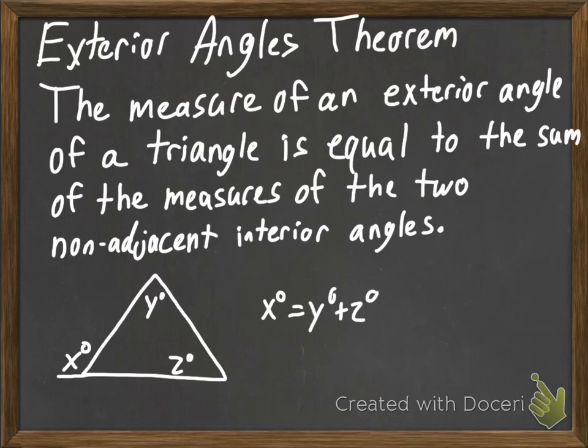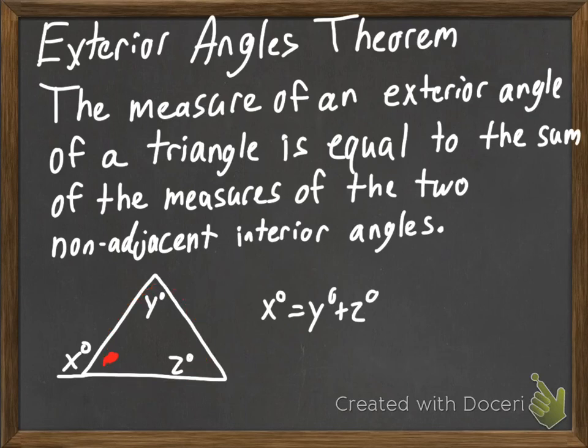Now if we stop and think about that, it makes a little bit of sense, because we know that this angle here, it'll draw, there we go, we know that these two equal 180. Well, we also know that these three equal 180.